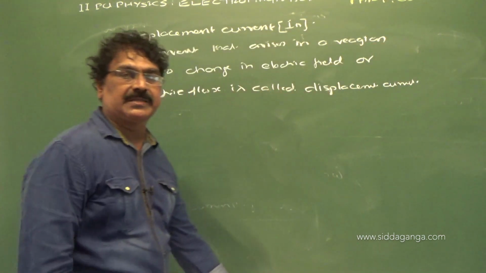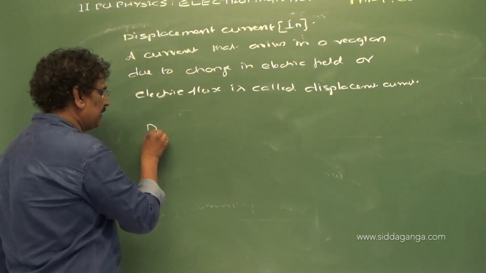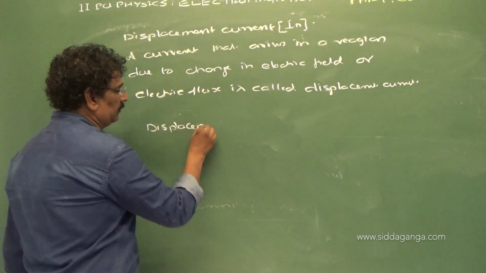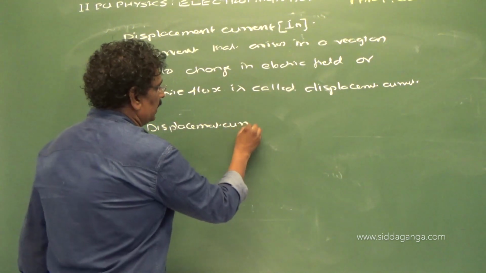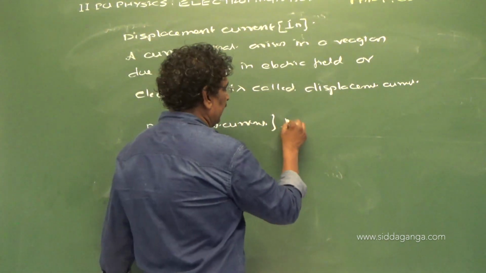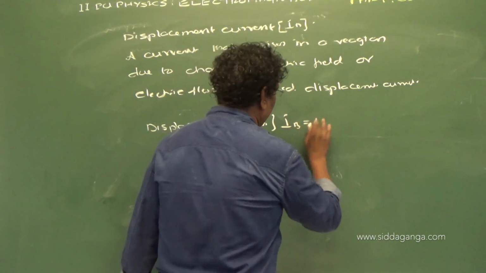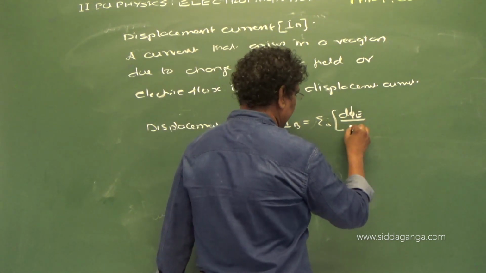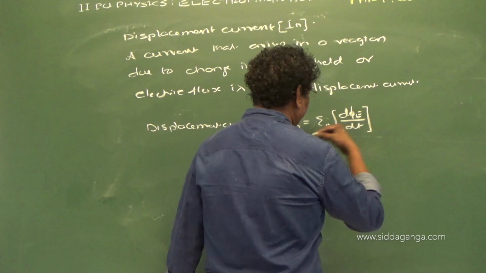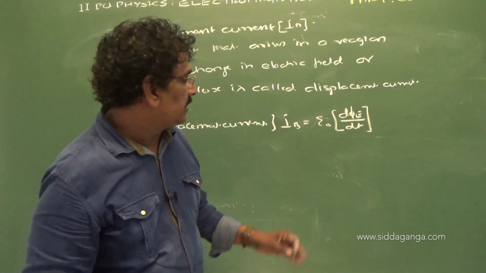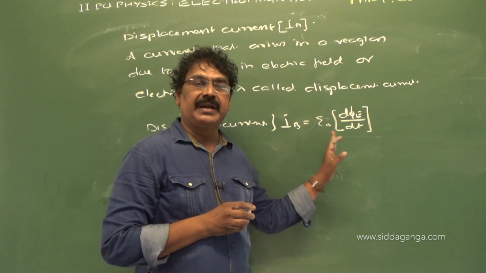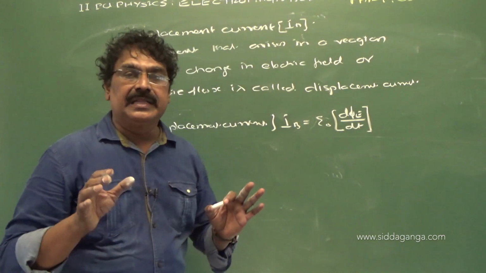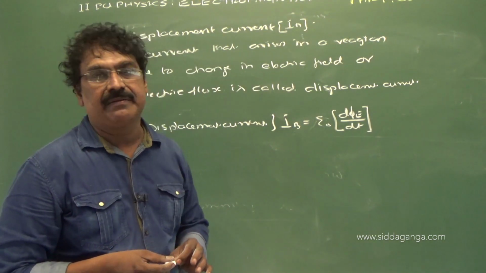The displacement current is given by ID is equal to epsilon naught into d phi E by dt, where epsilon naught is the absolute permittivity of free space and d phi E by dt is the rate of change of electric flux.